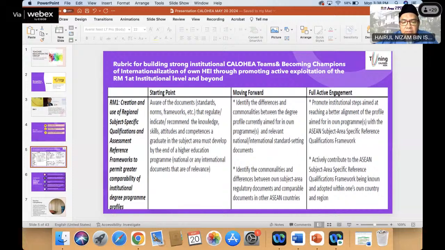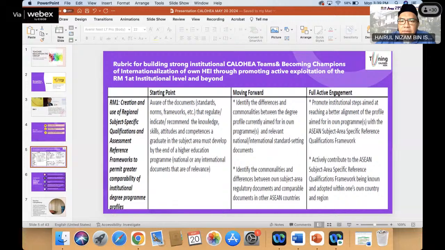Then, moving forward, as I mentioned earlier, is identifying the differences and commonalities between the degree profiles. By degree profile, I mean the different programs in the university or institution. For the teacher education group, this is a slightly more challenging task, because unlike civil engineering just now, where there may be one common single program offered by most universities, in education there are many different programs.